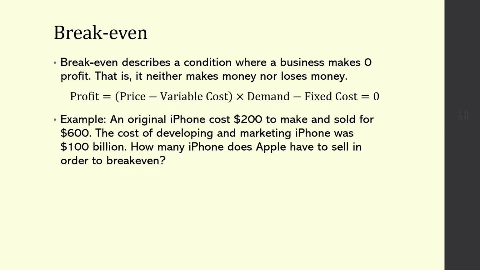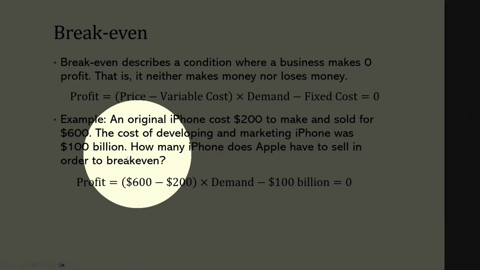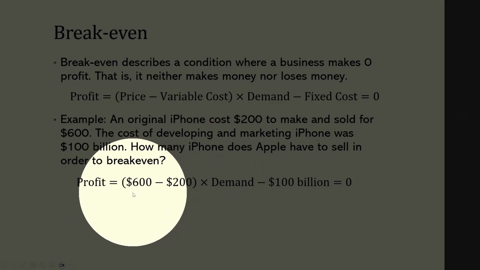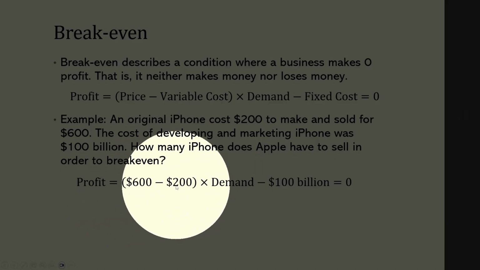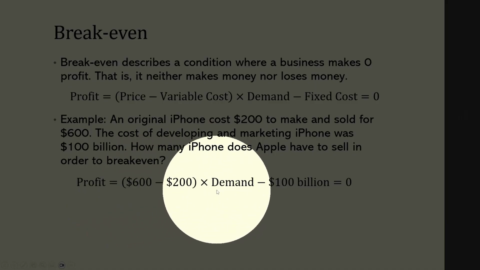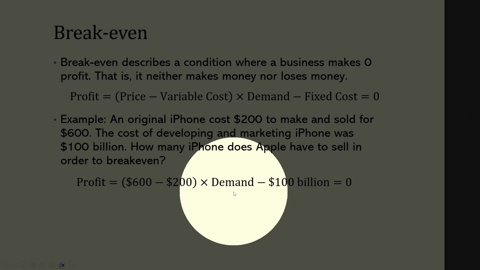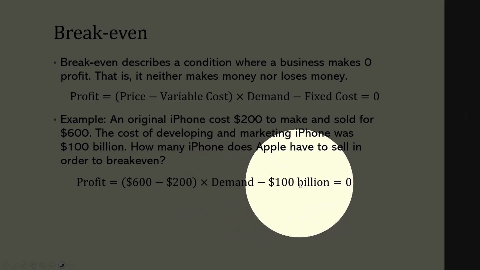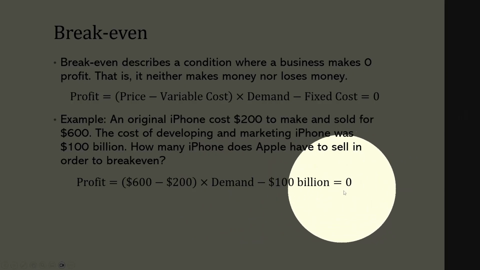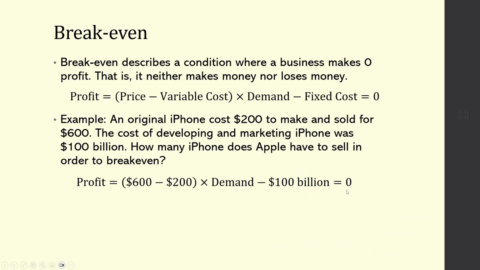So let's put the numbers into the formula. Here, the profit is equal to the price of $600 minus the variable cost of $200 times the demand, which we don't know at this point, and minus $100 billion of fixed cost. And to break even, this profit is 0. Now, once we have this formula, there's only one unknown, that is demand.